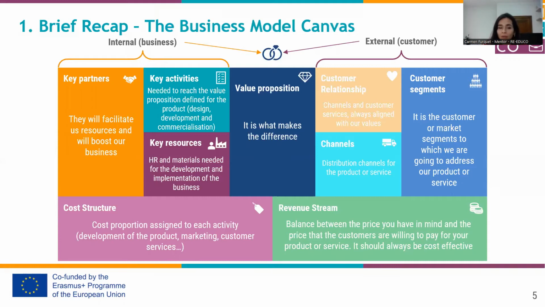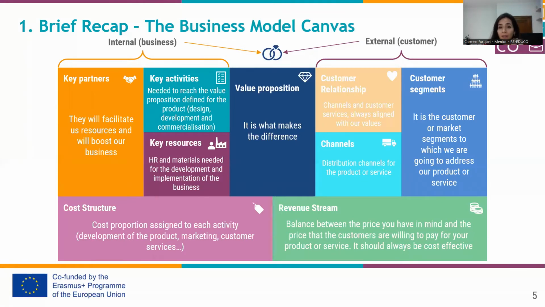And then we are going to define the cost structure that defines the cost proportion assigned to each activity, for example, the development of the product or the marketing or the customer services. On the right side, we can see the external part of the business model canvas that refers to the customer.